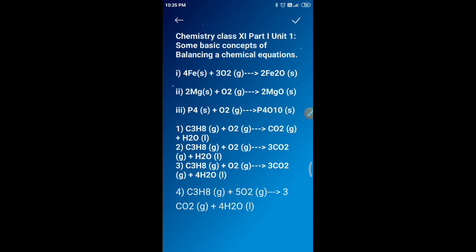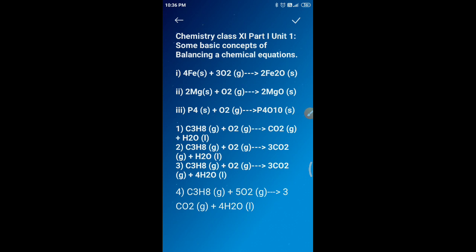O2 is the reactant, so on that side we have to add 5 as the coefficient. Then the equation becomes P4 plus 5O2 gives P4O10. Now the third equation becomes balanced after adding the coefficient 5 for the reactant O2.